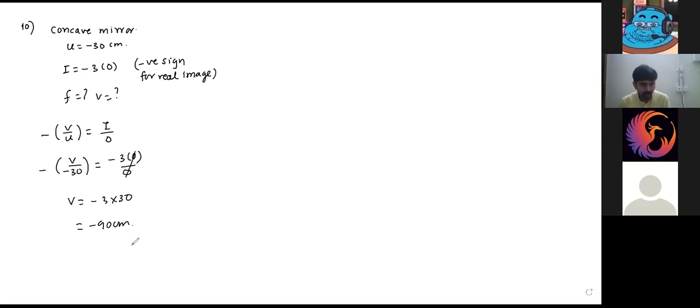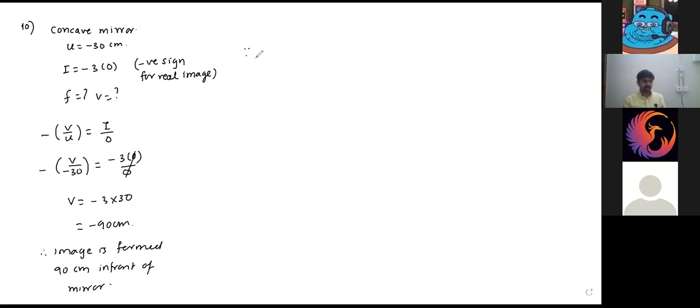So what they want here, focal length. So we write here image is formed 90 centimeter in front of mirror. Now focal length is not given.